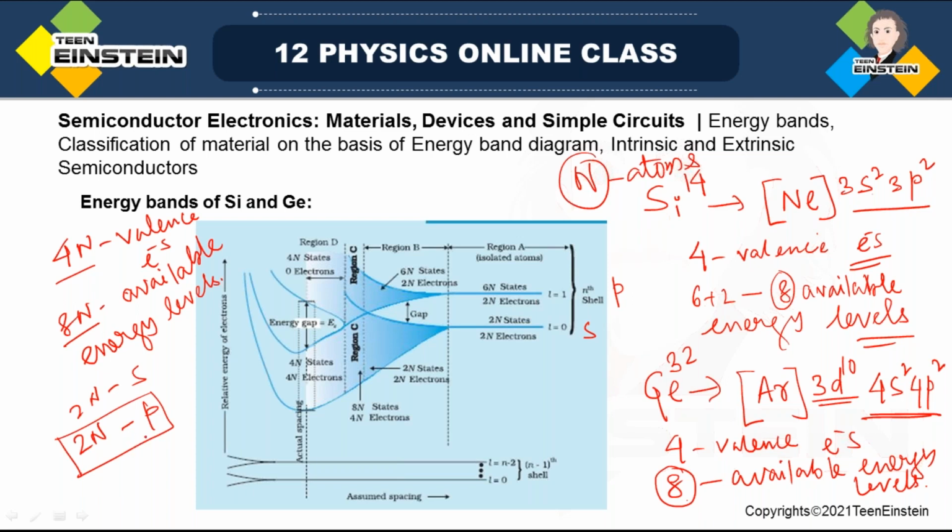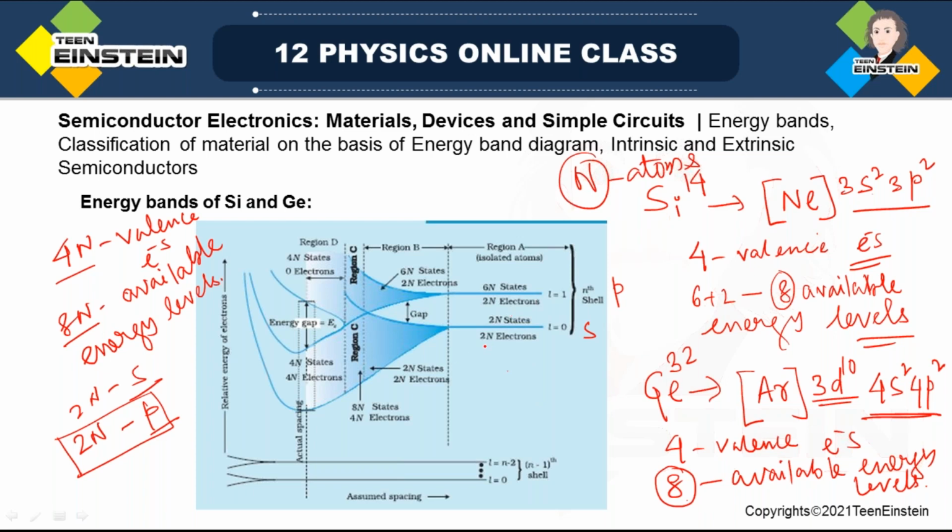All 2n electrons in the P shell have the same energy, even though there are 6n states in the P shell, and there are 2n states in the S shell. So you have many energy states, but they have the same energy. These are called degenerate levels.